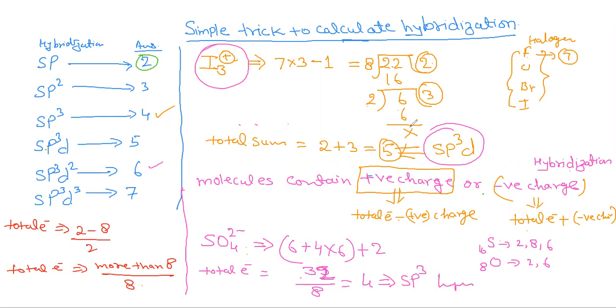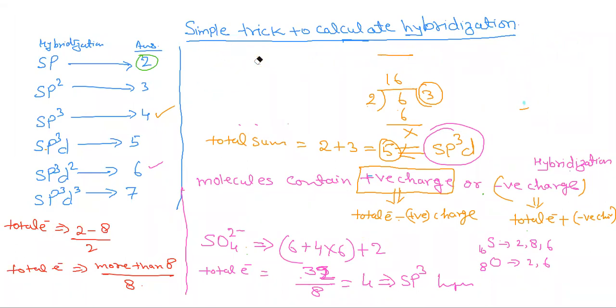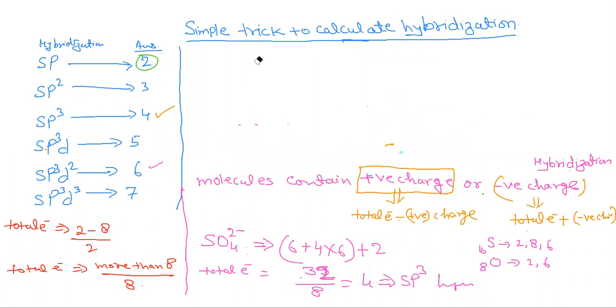This is clear. One more example I am going to write here: ICl2 negative. Now I and Cl are both in the halogen group. I contains 7 electrons in the last shell, and the 2 chlorine atoms also contain 7 each, and then it carries the negative charge.